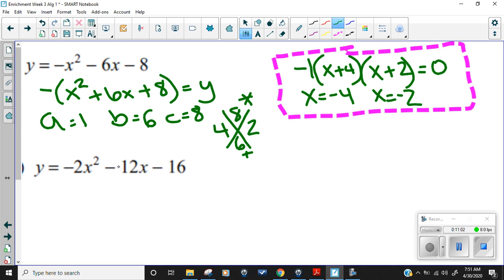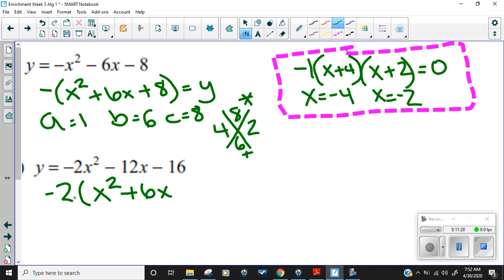Okay. Step 1 is look for a GCF. And if it's a negative for A, the negative at least is going to be GCF. This one is a negative 2 for A, and actually 2 goes into 12 and 16 also. So negative 2 is your GCF. So step 1 of factoring, look for a GCF. Negative 12 divided by negative 2 is 6.